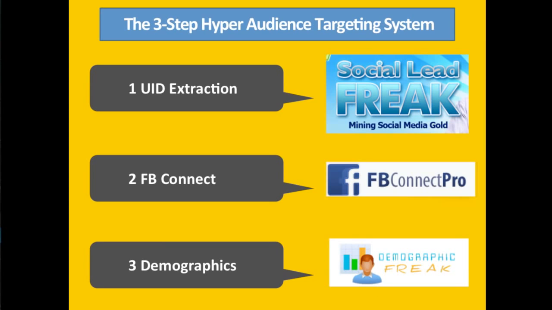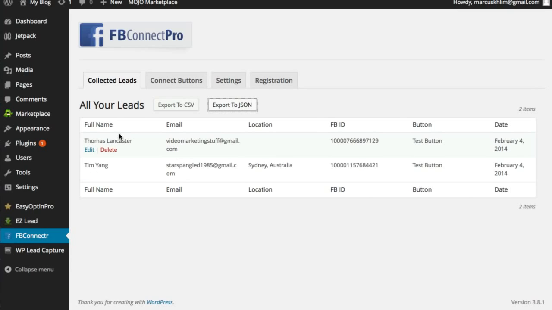Remember when I showed you these leads and also the export to CSV and export to JSON, all of this data is kept on your WordPress database. So we don't actually keep any of this data anywhere outside of your WordPress install, right? So as it should be, since you collected the leads, you should keep all the data. So that's just one good thing for you to know.